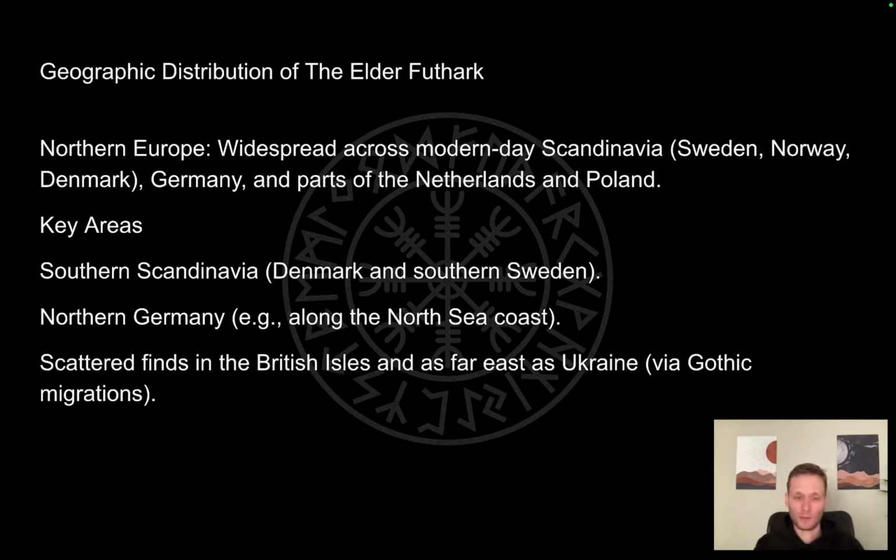Now, the geographic distribution of the Elder Futhark runes: artifacts with these runes were widely found in Northern Europe, Scandinavia, Sweden, Norway, Denmark, Germany, and also in the Netherlands and Poland. As we can see, it was also sometimes found as far east as Ukraine.